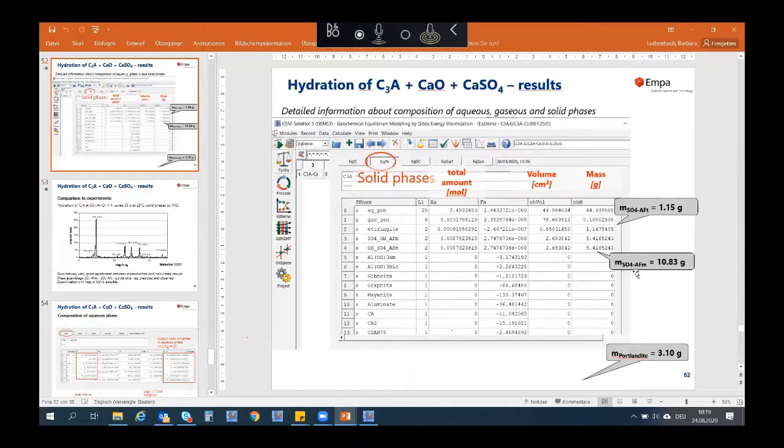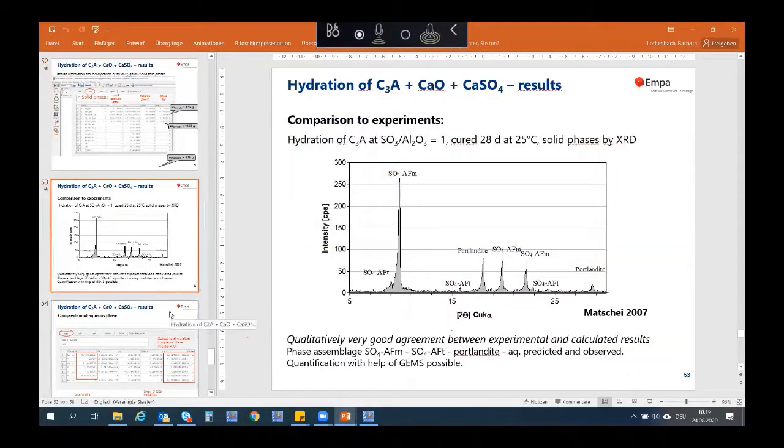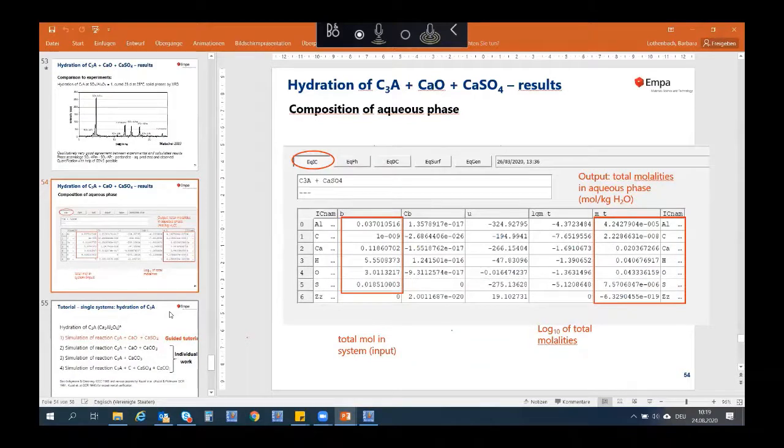If we go back up here, a lot of AFm, little AFt, some portlandite. The aqueous phases we already have seen at output total molarities. That's the logarithm of it. And here we have again a repetition of the input.